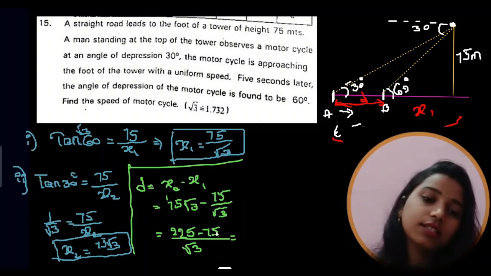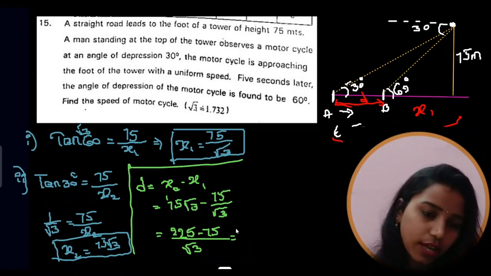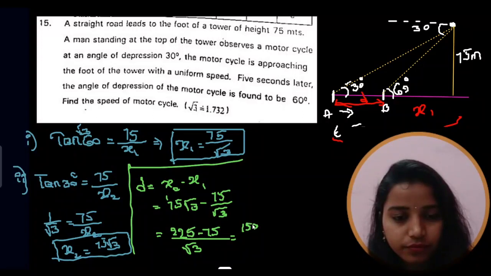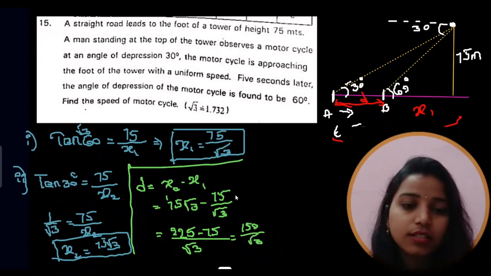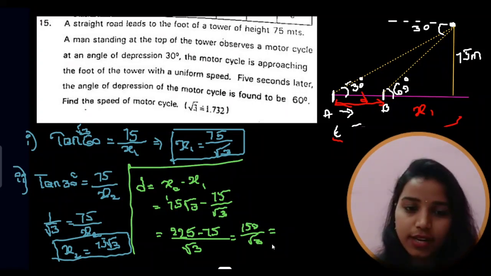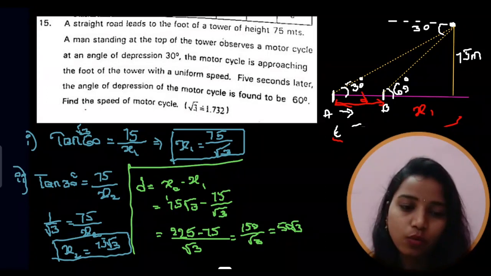So that is 150 by root 3. I can write this 150 as 3 into 50, so it is simply 50 root 3.